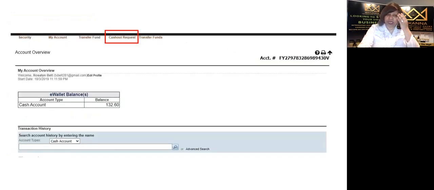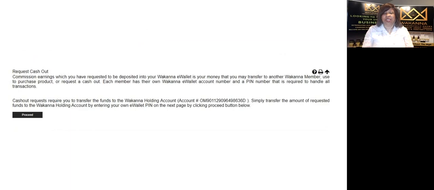You click cash out request. When you click cash out request, you're going to see this page. It's got some jargon and some information here, but the main important thing is this right here. It's letting you know that the money you want is going to be transferred to a holding account. And all you do is click proceed.